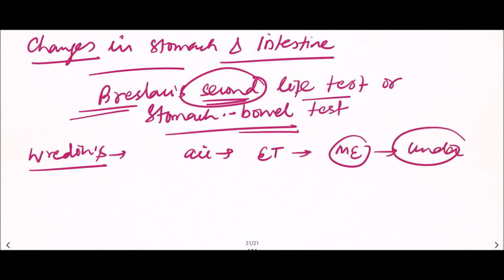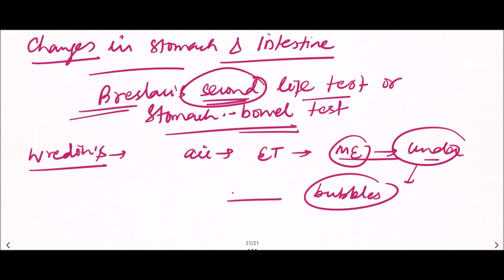So if the middle ear is opened underwater by removing the tegmen tympani, the roof of the middle ear, multiple bubbles of air come out if the test is positive. So this test is also not reliable.